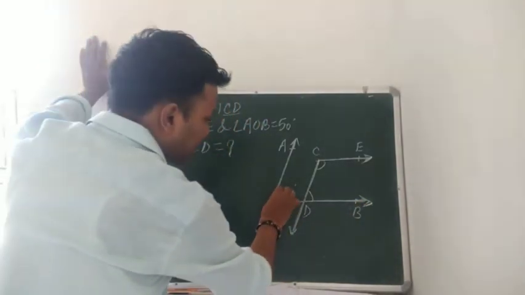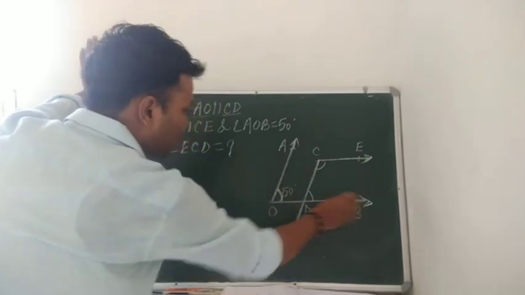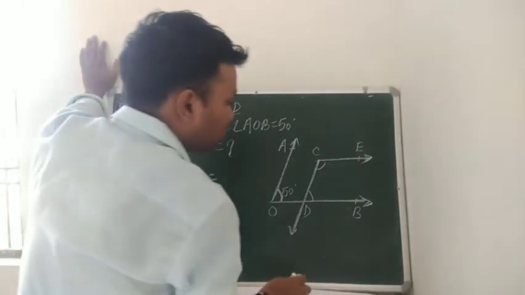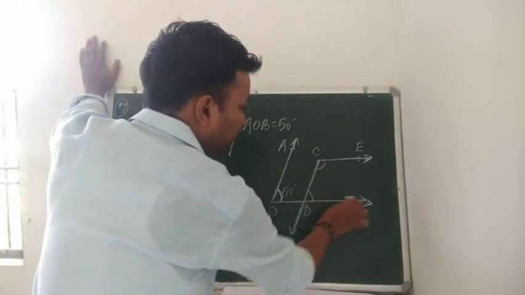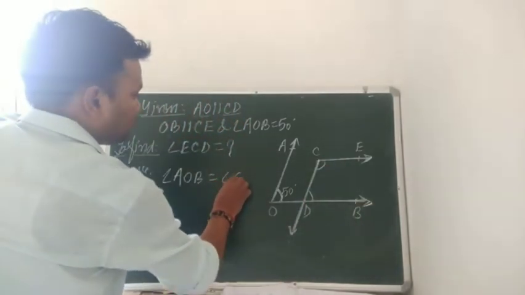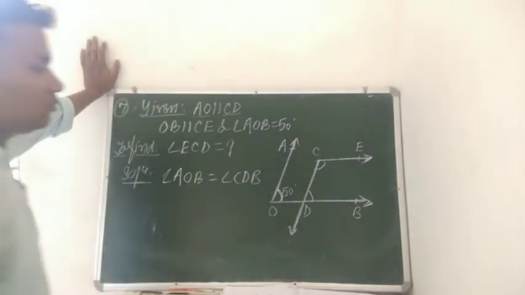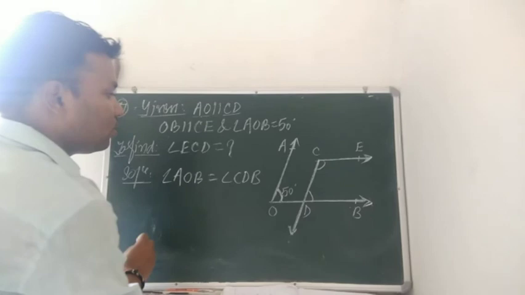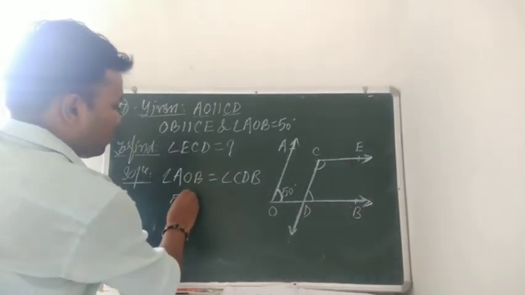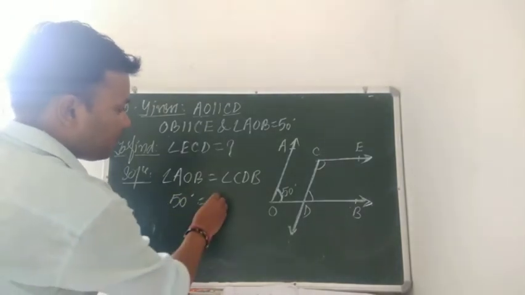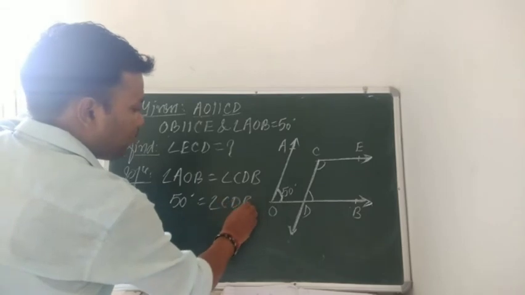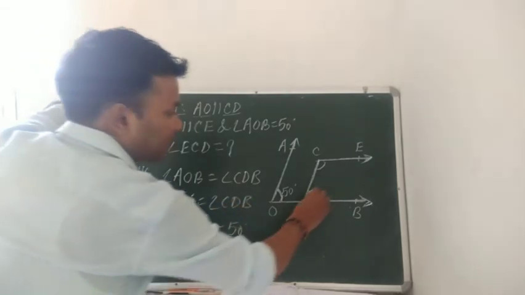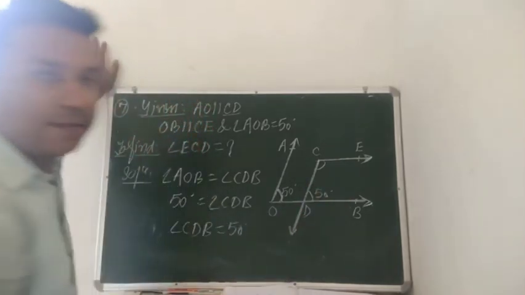So we can say that this angle AOB will be equal to this angle CDB, because both are corresponding angles. The value of AOB is already given as 50 degrees. Thus the value of angle CDB will also be 50 degrees. That is, this will also be 50 degrees.